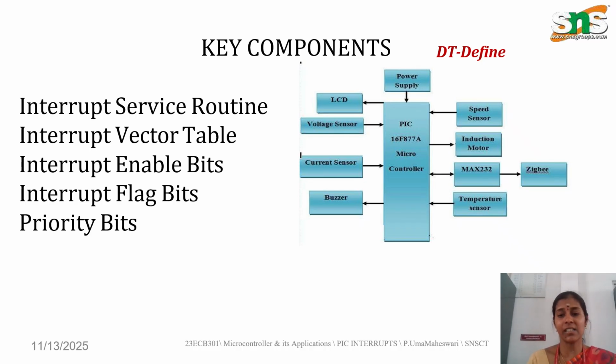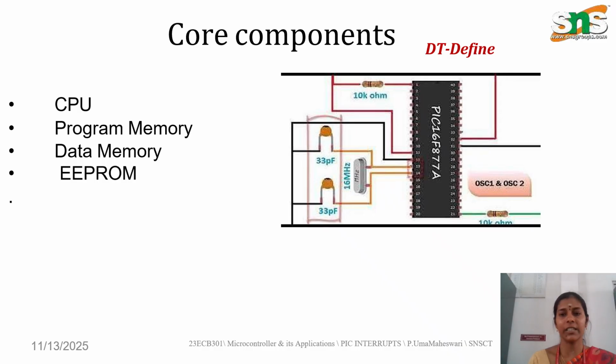For example, if there is a communication part, like transmitting or receiving bits, we go for a communication protocol using Zigbee and so on. Also the induction motor, speed sensors, and the LCD. In some cases even the power supply acts as an interrupt. The buzzer and the current sensor are also there. So these are all interrupts.